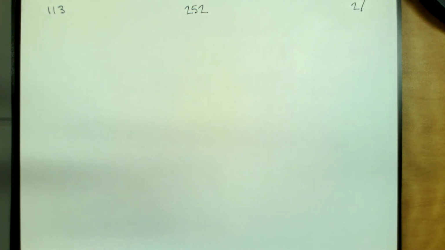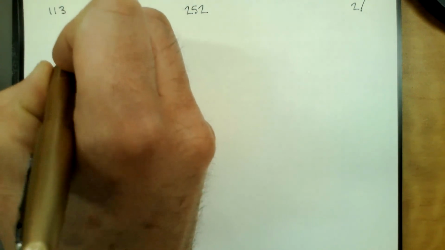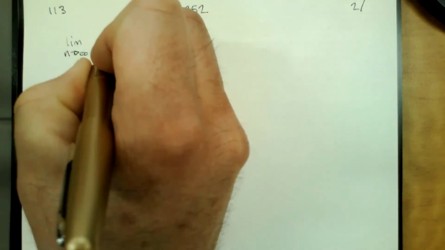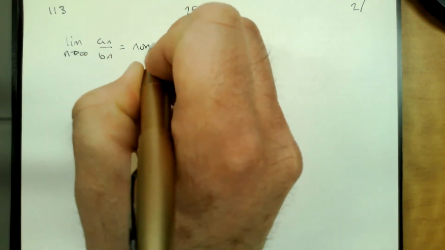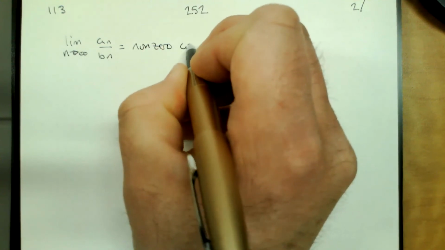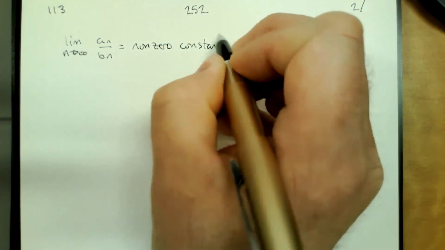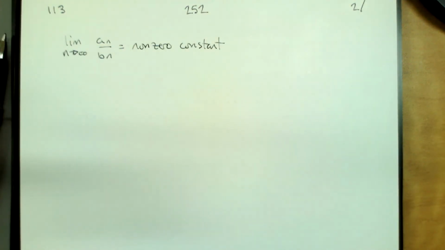So the reason that this test works is that we're just aiming for some non-zero constant in the limit of the ratio. What this means is that a_n and b_n are kind of in balance. They're going to infinity at the same rate.